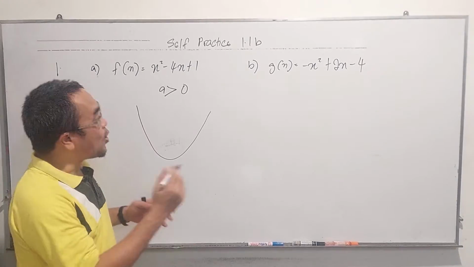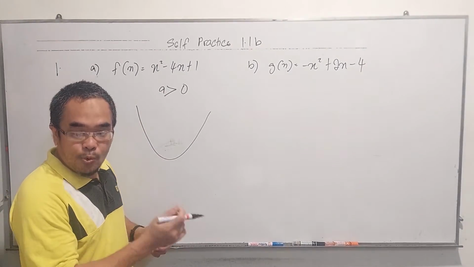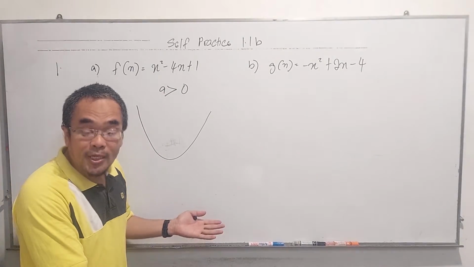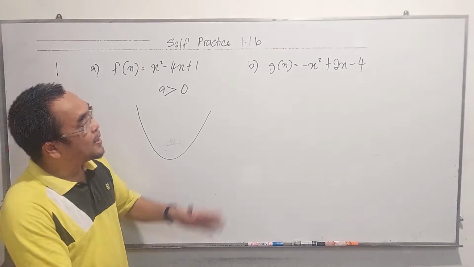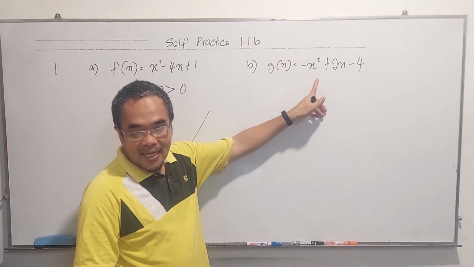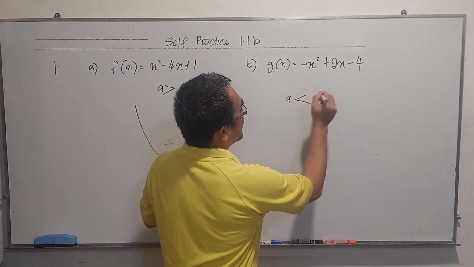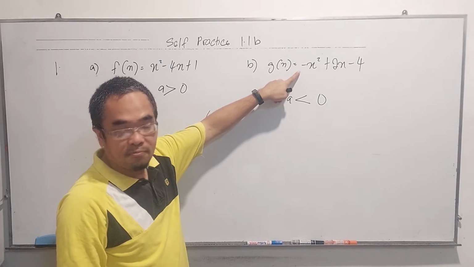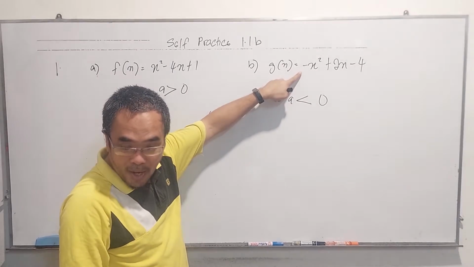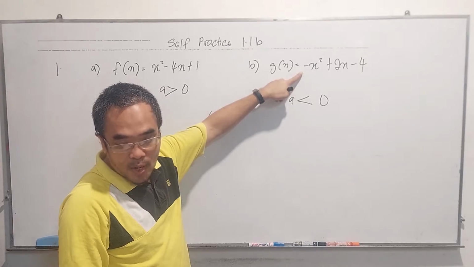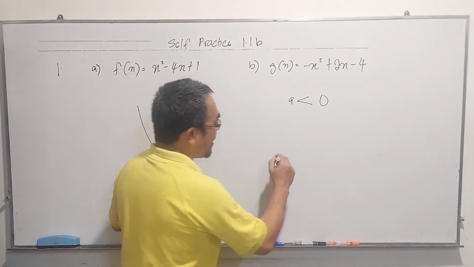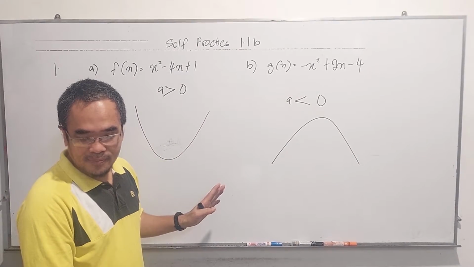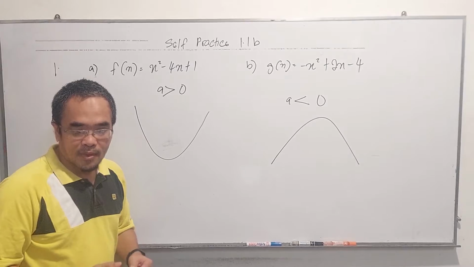We plot points just like what you did in Form 2. So for B, since A is less than 0, which is negative, whether it's negative 2x squared, negative 10x squared, the shape will always be N shape. So these facts you have to memorize.